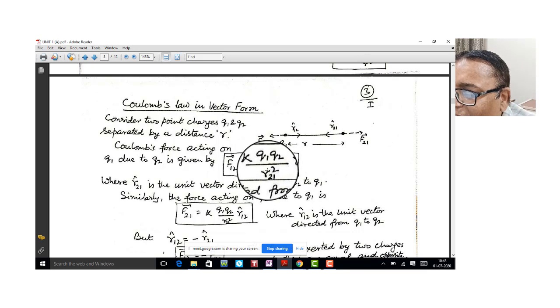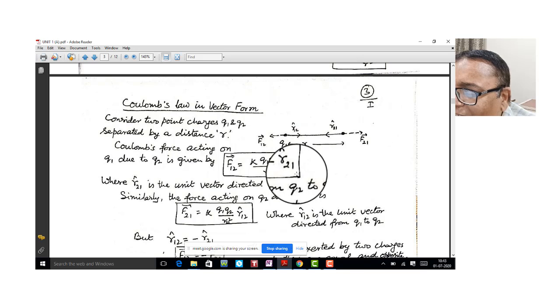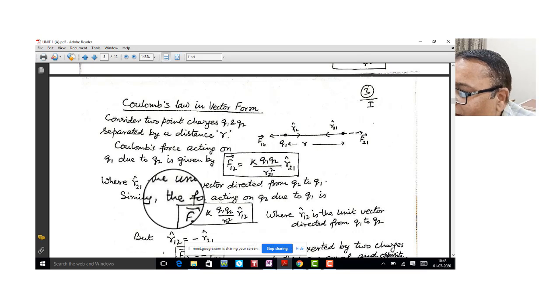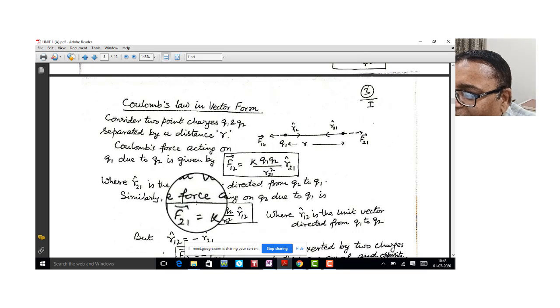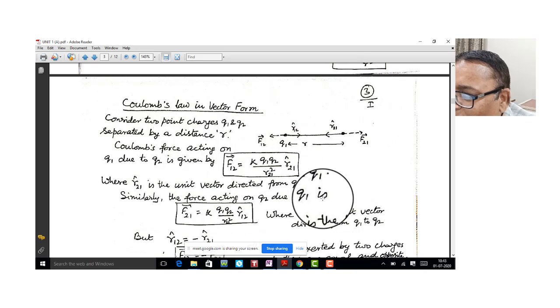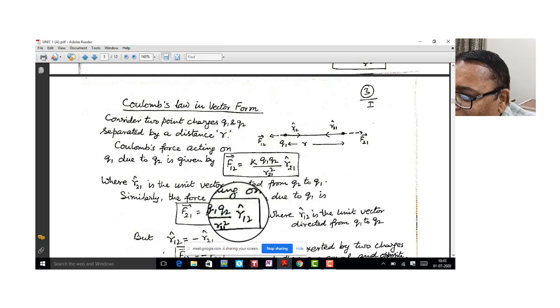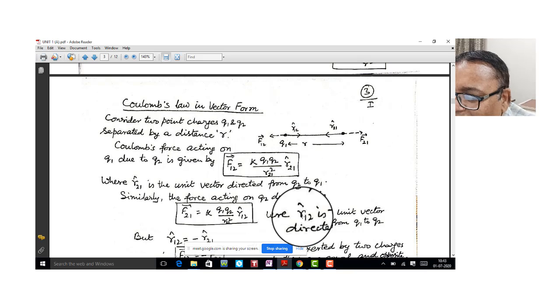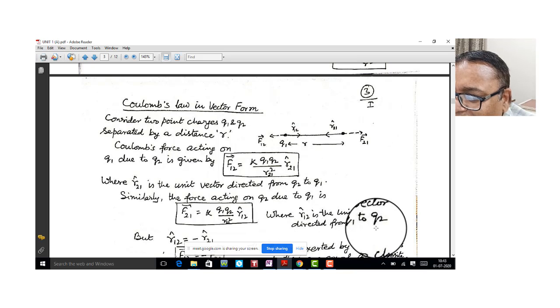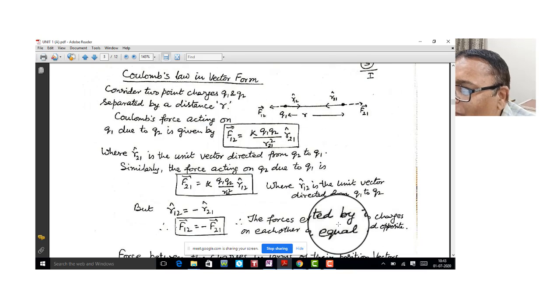Here the value is R21 square and the direction is R21. In the same way, the force acting on Q2 due to Q1 is F21 equal to K Q1 Q2 upon R21 square R12, where R12 is the unit vector directed from Q1 to Q2.